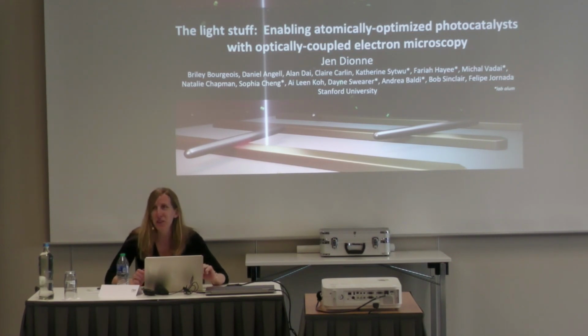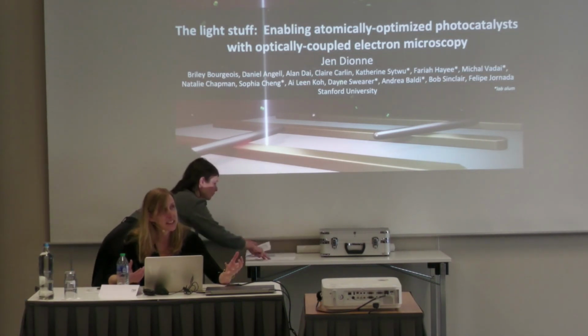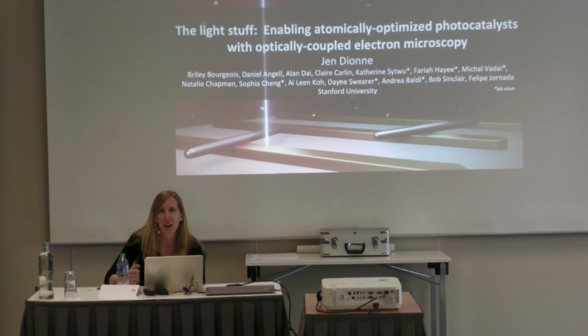So I wanted to share with you some of the work that my students have done at Stanford in developing optically coupled transmission electron microscopy to try to understand how catalysts work at the atomic scale, and then linking those insights to reactor scale performance of these catalytic materials in a variety of different catalytic reactions, most of which involve hydrogen and hydrogen splitting to be added to another molecule, whether in acetylene hydrogenation to create ethylene, or in ammonia synthesis, so taking N2 and H2, or in more green steel manufacturing.